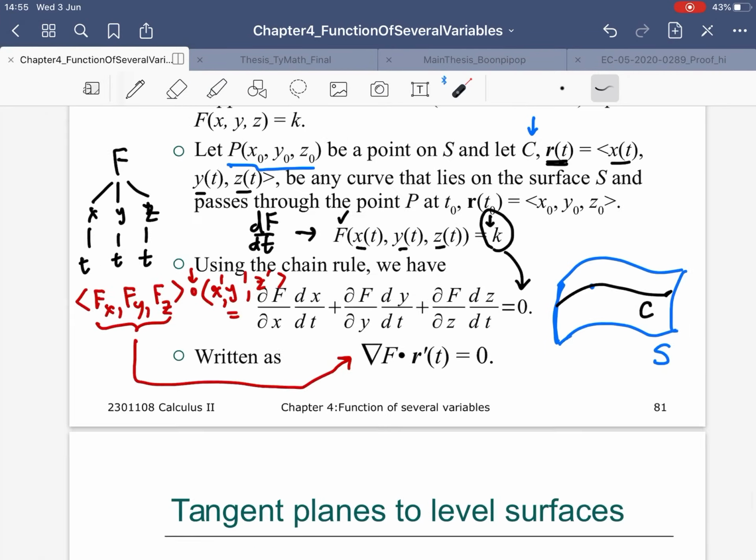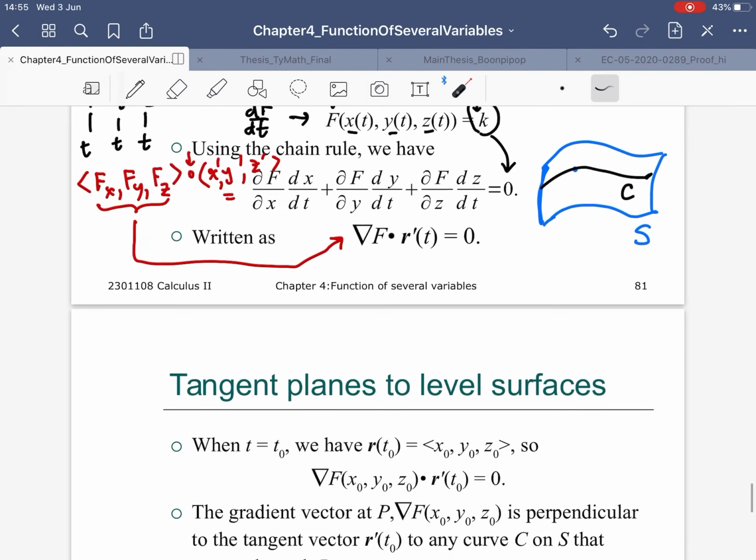What does this mean? Especially at this particular point t0, or at the coordinate x0, y0, z0, your gradient at this point dotted with the r prime at t0 equals 0.